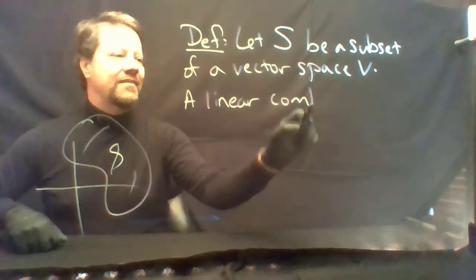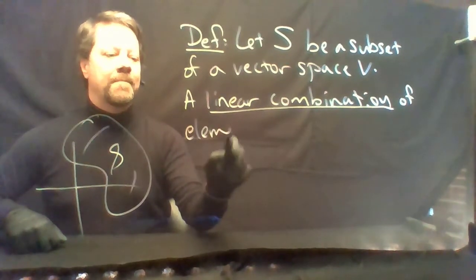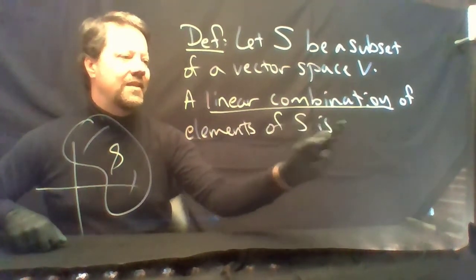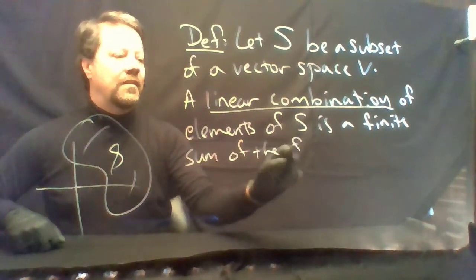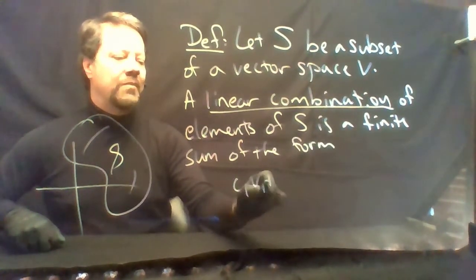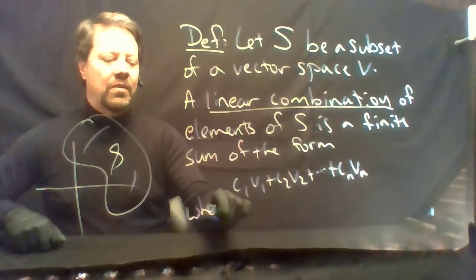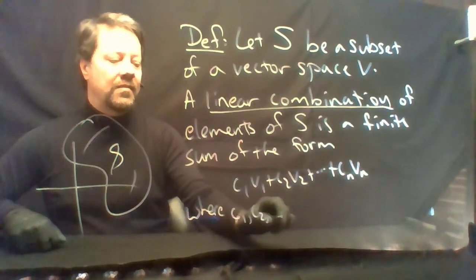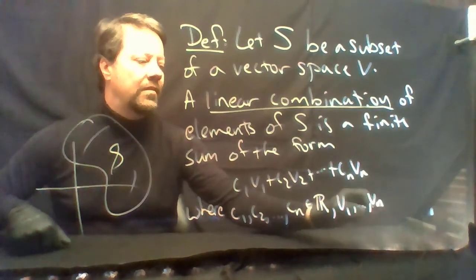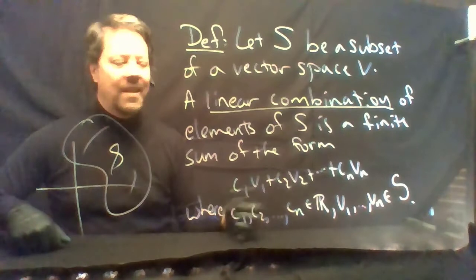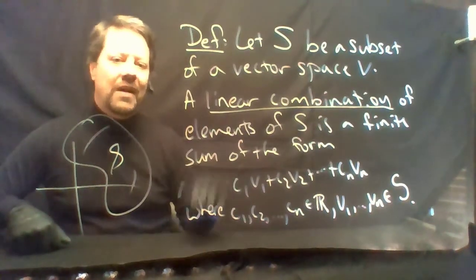A linear combination of elements of S is a finite sum of the form C1 V1 plus C2 V2 through Cn Vn, where all of the Ck are in our real field and all of the V's are elements of the set S. We only want to consider finite sums for our linear combinations. Infinite sums involve limits, and we're not going to talk about limits.